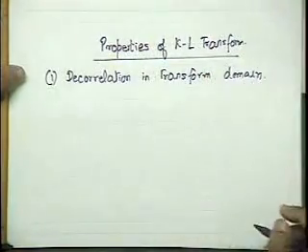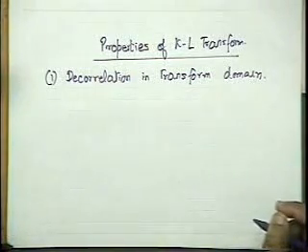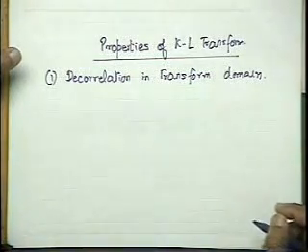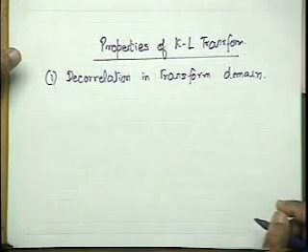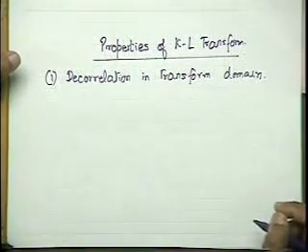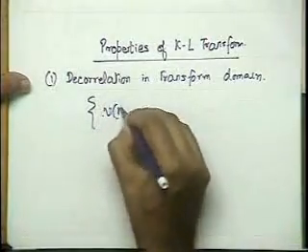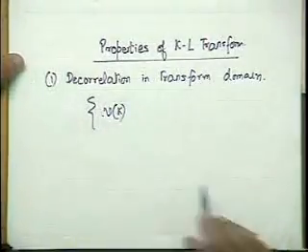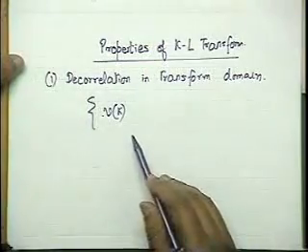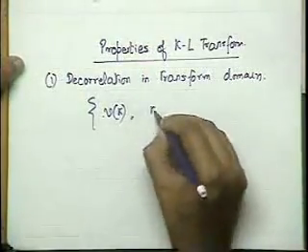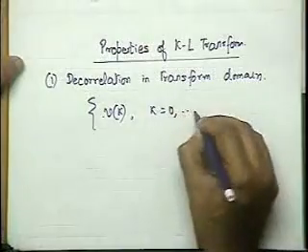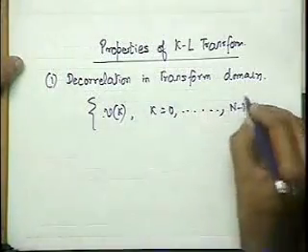And the thing is like this. After undergoing the KL transformation, we are getting the vector V, which is indexed by k. Vk is the transform vector, where k is equal to 0, 1, 2, etc., up to capital N minus 1.